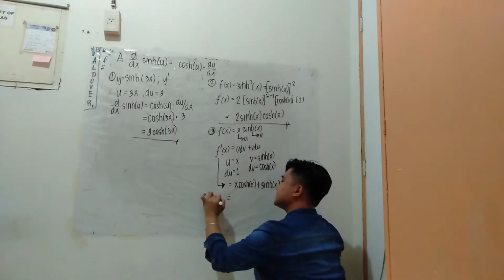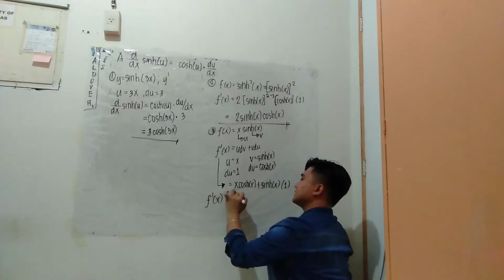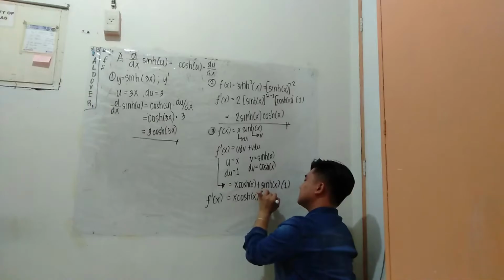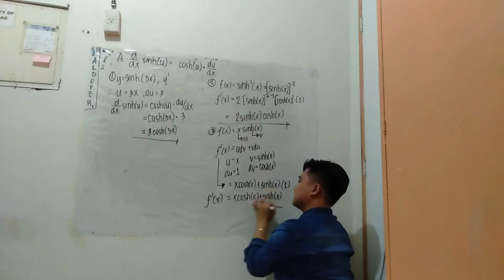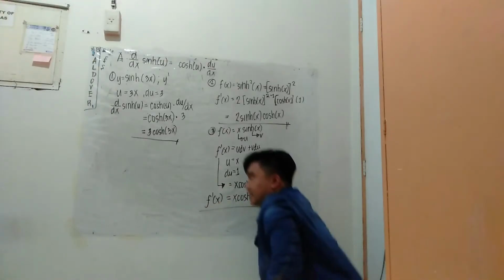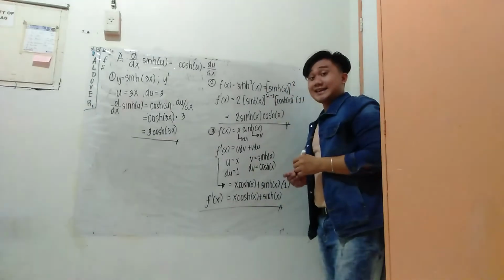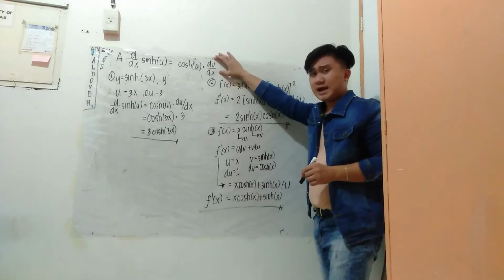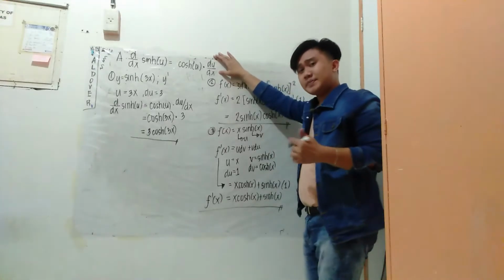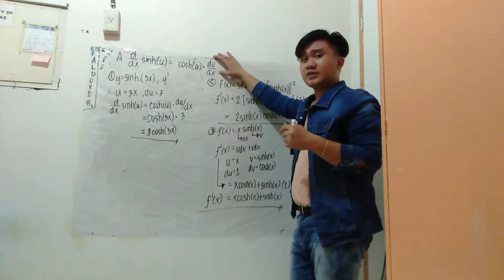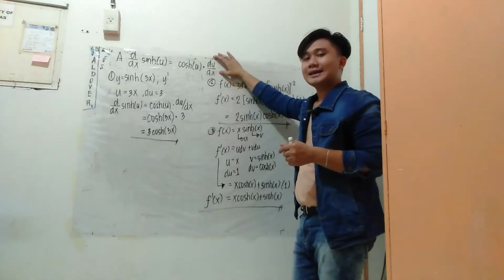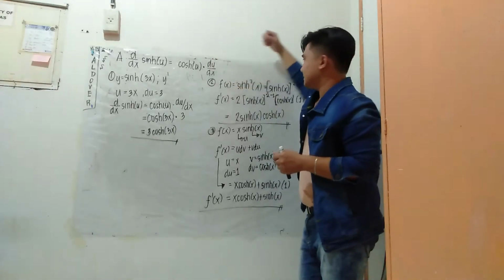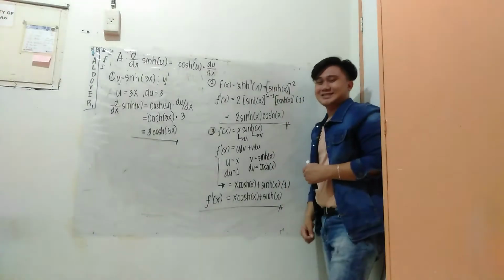F prime of x is equals to x cosh x plus sinh x. Okay? So, it is as easy as that. Actually, you don't have to remember the formula. The only thing that you have to do is to put letter H doon sa formula natin ng trigonometric functions. Okay? So, copy your notes.